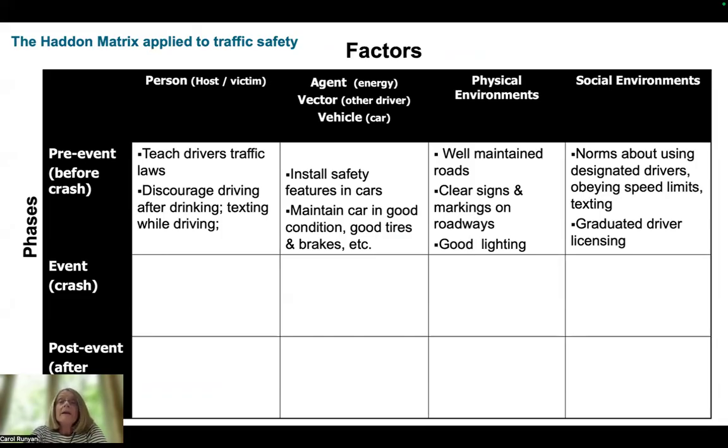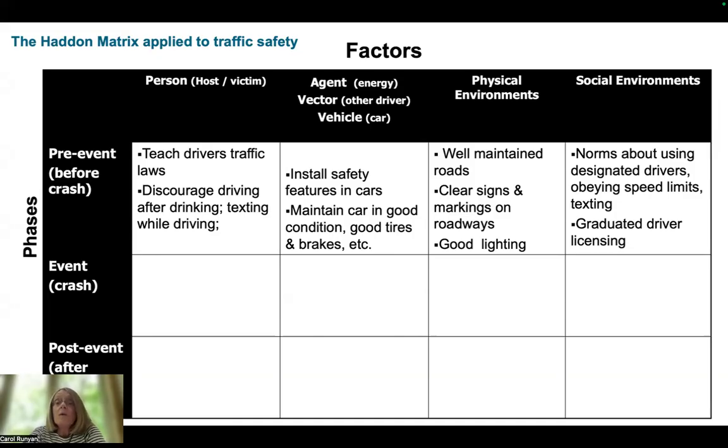Along with that, we can try to make changes to the car, make sure that it has updated safety features installed and that everything is working properly. Good tires, good brakes, the mirrors are in place, and so on. We could also look at the physical environment.